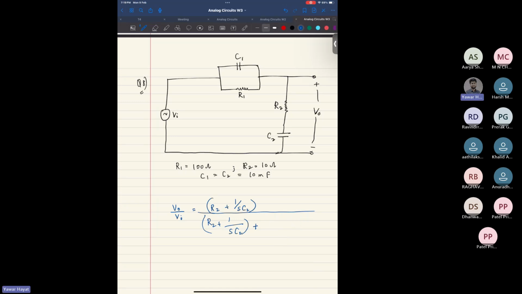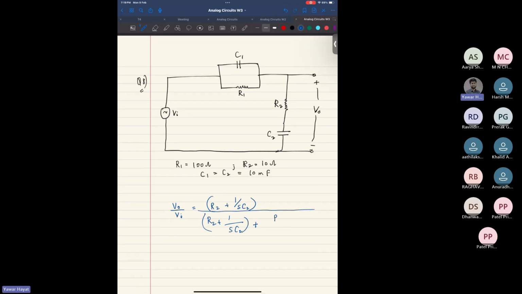I'll replace this by that, and which comes out as 1 plus S times R2C2, 1 plus S times R1C1, correct?